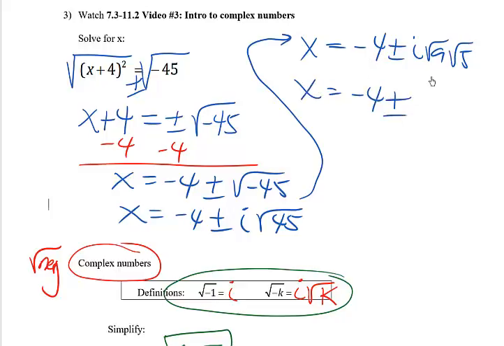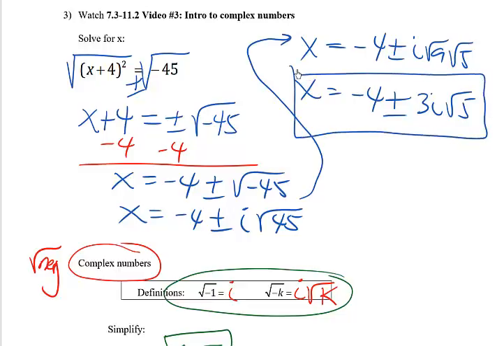And so what I end up with in the end, i times 3 would be 3i, and then times the square root of 5. Here are the two final solutions to the original equation in the world of complex numbers. There's certainly no reason to find decimal approximations in this case. These are not real numbers, they are complex numbers.